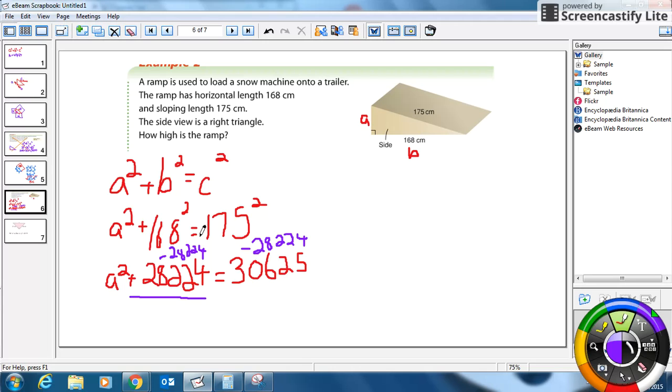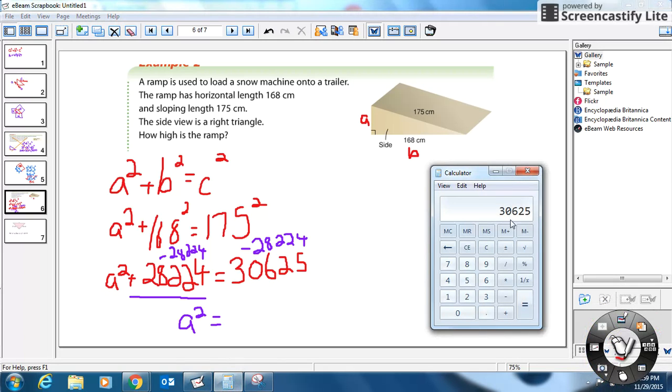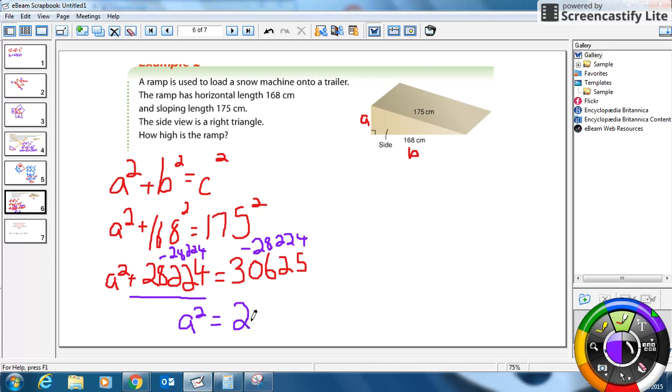We can do that as long as we do it to both sides. So these cancel each other out, and on this side we're left with A squared is equal to, well, let's go to our calculator. 30,625 subtract 28,224, and that leaves us with this number, 2,401.